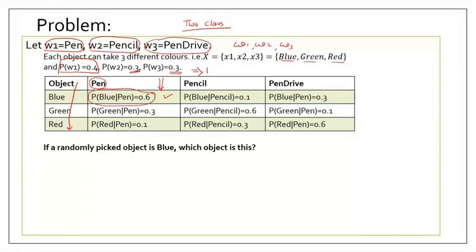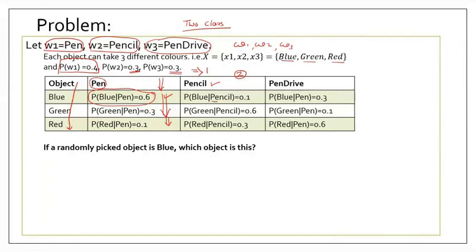These entries in this column are the likelihood of pen. You can note down these words, you may get confused later on. So the column pen and the entries of probabilities here are all the likelihood of pen. Now in the second column, I am discussing only pencil.